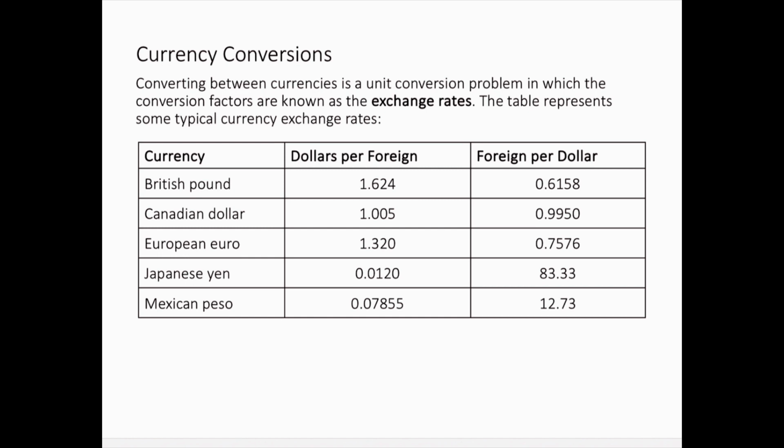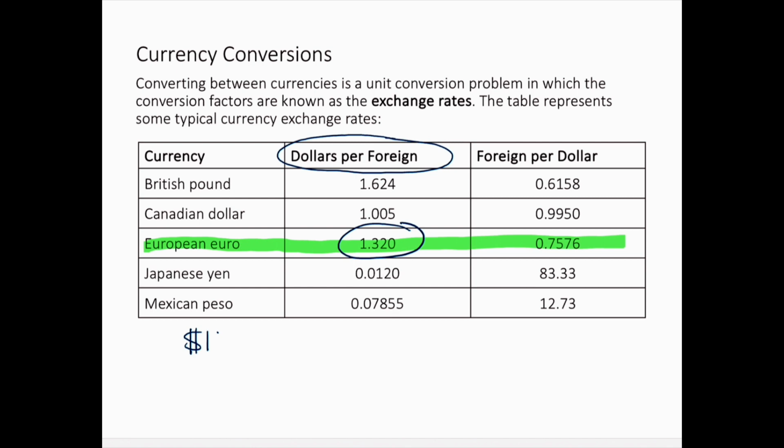So let's use this right here as an example of how to read this chart. We're going to use the European euro compared to dollars. So when we look at the dollars per foreign, what that's telling us is this is $1.32 per euro, where per means division.